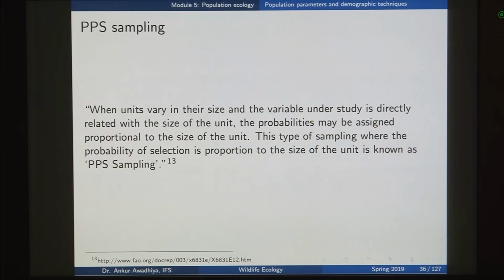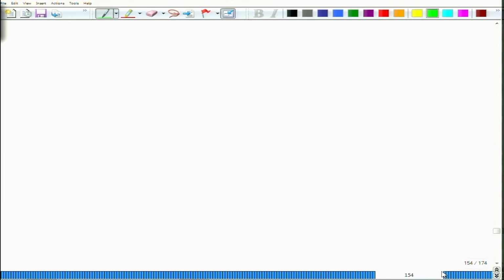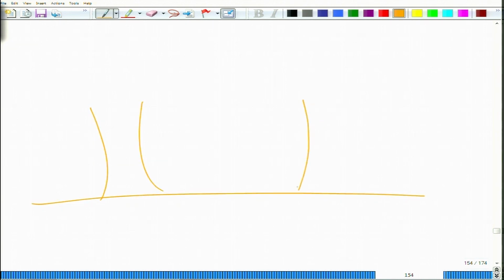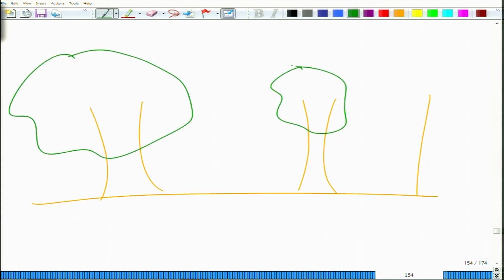So, in this case, suppose we are asking the question: what is the amount of biomass that is available in a forest? You have large size trees, medium size trees, and some very thin trees. So, you have this large size tree, this medium size tree, and a very small tree. Now, if you did not include the largest tree, your estimate would become very wrong.